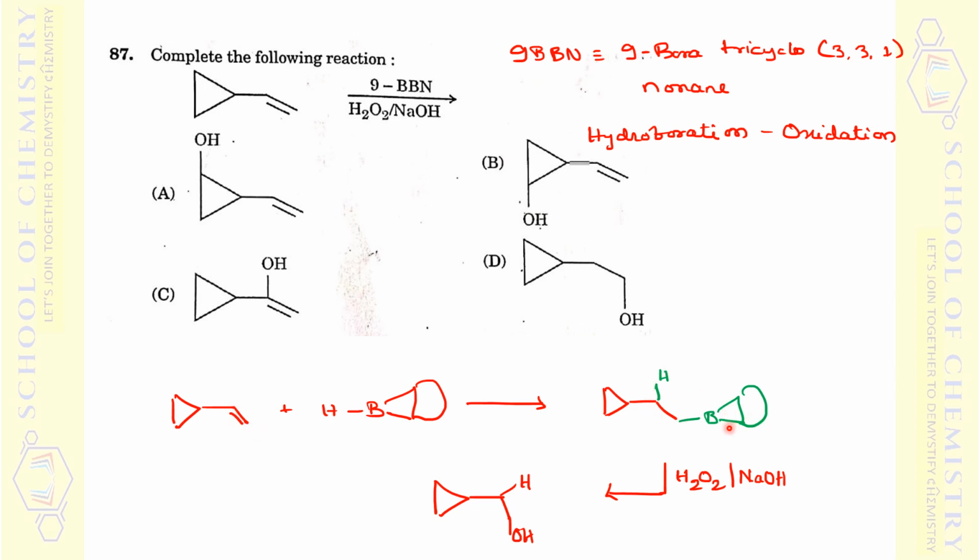Next step is very simple: H2O2 with NaOH will just remove the boron part and introduce OH instead. So the product should be this, and the correct answer is option D. In all other questions, they have retained the double bond as it is, but in hydroboration oxidation the double bond is converted to a single bond, and here one more carbon atom is there. This option D is the correct answer for the question.